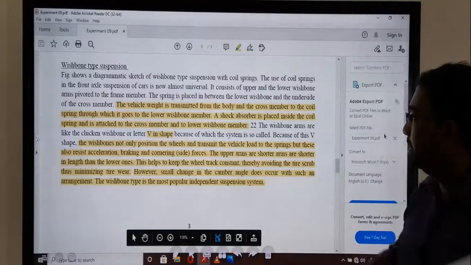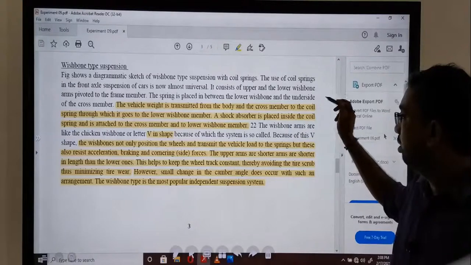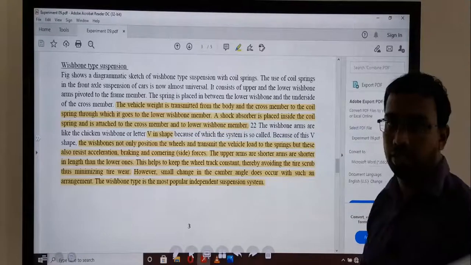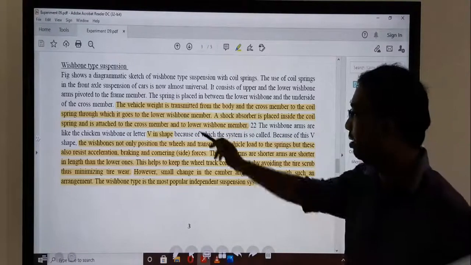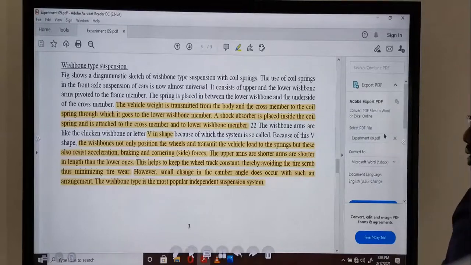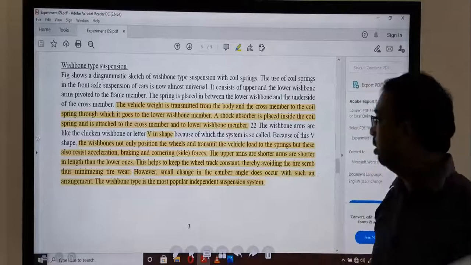So the weight is transmitted from the body and the cross member and finally goes to the coil spring through the lower wishbone arm.